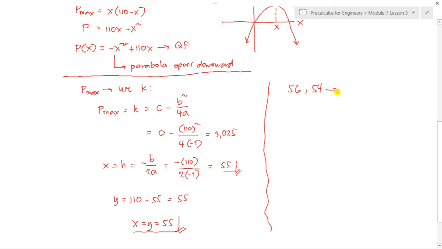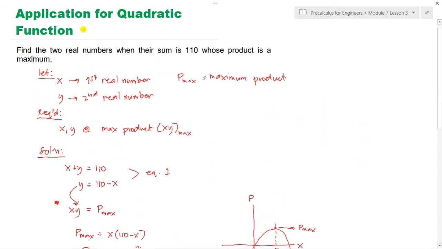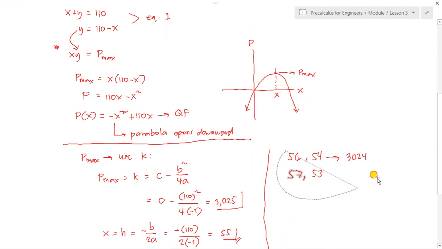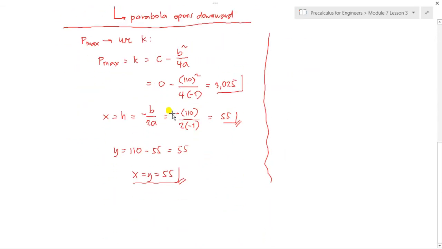But are you sure the product of 56 and 54 is higher than the maximum product of 55 and 55? No, because 56 times 54 will yield only 3024, and even if we have 57 and 53, same story. The answer is 3021. So therefore, for the two numbers to yield a maximum product, given that their sum is 110, they must be the same and they must equal 55. So x equals y equals 55.